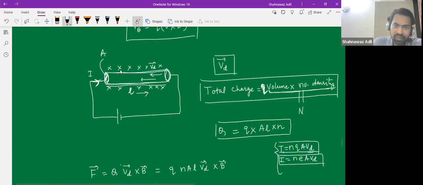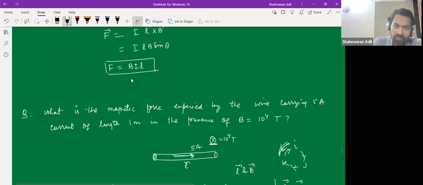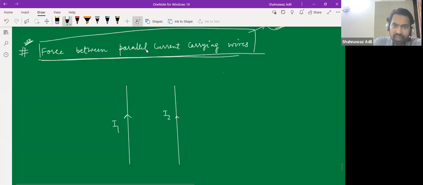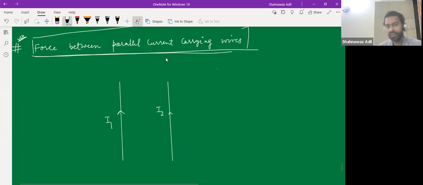But for our case, in the parallel current carrying wire, we don't have any external magnetic field. So which part will provide the magnetic field? What do we know about the current carrying wire? We know from Biot-Savart's law that they will have some magnetic field. Correct, guys?